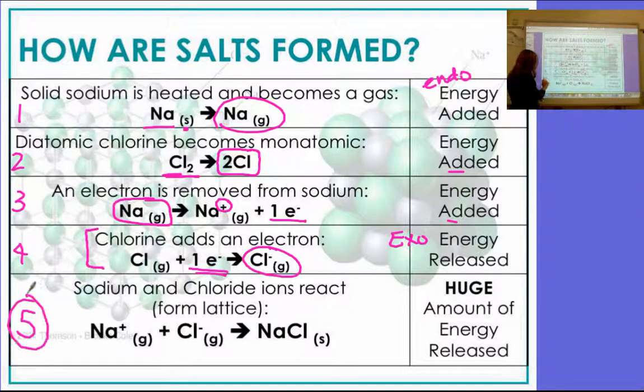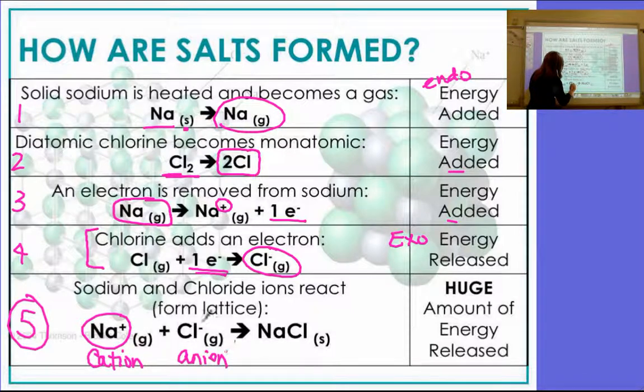The final step, part 5: when this cation, sodium with the positive charge, and chlorine anion, chlorine with a negative charge, finally find each other, the positive and the negative, they form solid table salt. I'll show you a video of this in class, remind me.